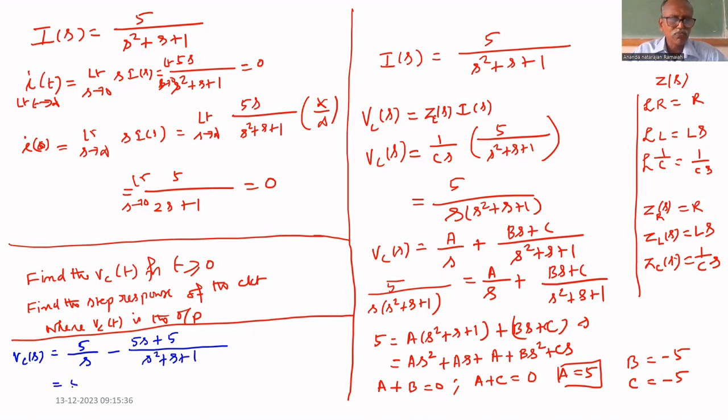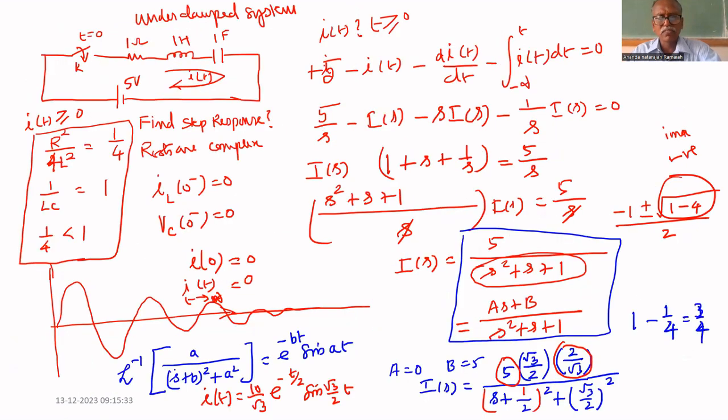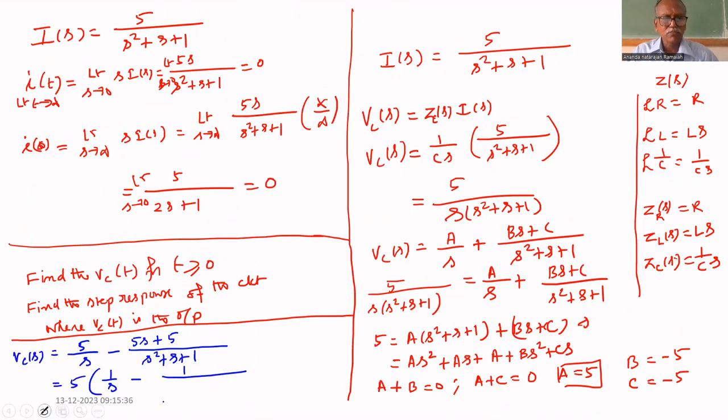We can write 5 outside, 1 by s minus 1 upon, already we wrote this here, s square plus s plus 1. Now we can write s plus 1 by 2 whole square plus root 3 by 2 whole square, already did earlier.